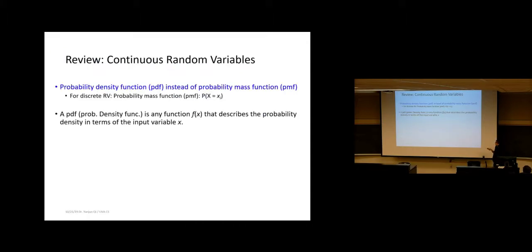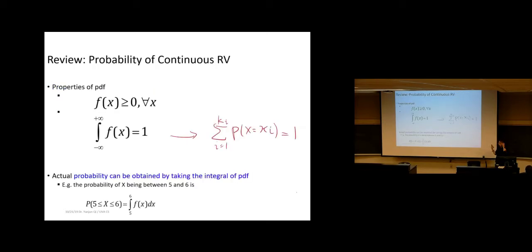So then let's go to the continuous random variable. This is actually a review. I did not get into a review when we covered probability. For continuous random variables, instead of using a probability mass function, we use the probability density function to represent the distribution. There are a few axioms about the PDF, which you should have learned in your entry-level probability class.